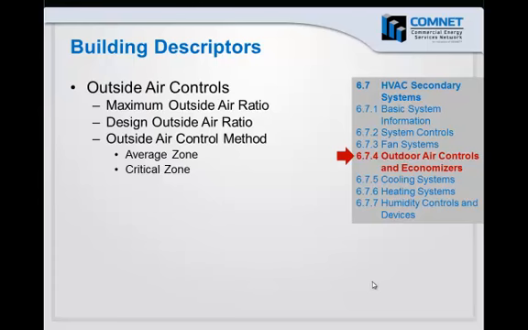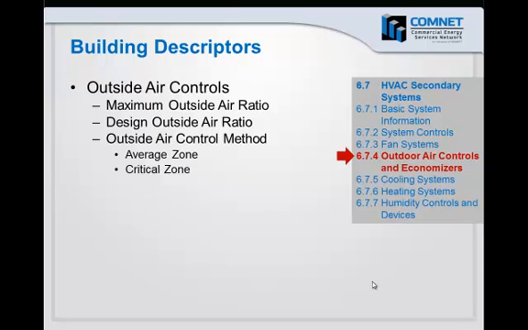The maximum outside air ratio would be a limit, for instance, if an HVAC system didn't have the capability of bringing in 100% outside air. There's the design outside air ratio, which is the outside air at design conditions divided by the total supply air at design conditions.